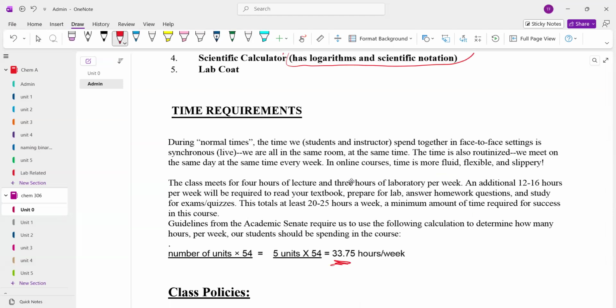Now, this is a process that most successful students in this class, those are the A and B students, particularly the A students, follow. They download the slides per unit.